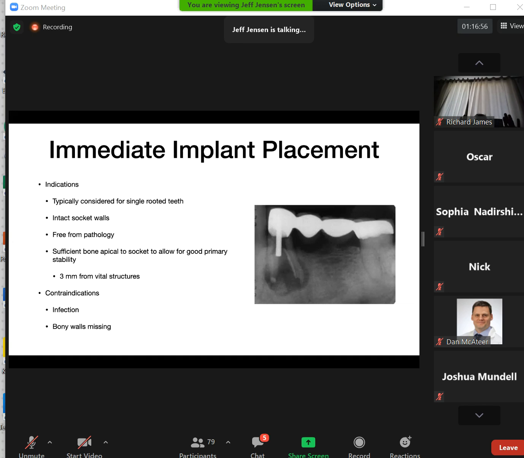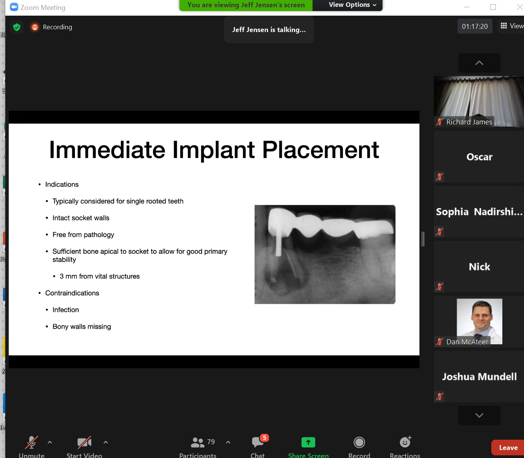So the indications for this typically are a single rooted tooth. Okay. Typically you want to have a nice intact socket. So you want to have buccal wall, lingual wall, interproximal bone, free from pathology. So like we look at this x-ray on the right, putting an implant there at number 21 immediately is probably not your best bet.